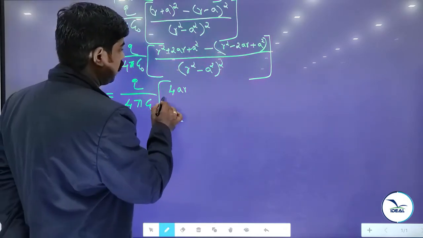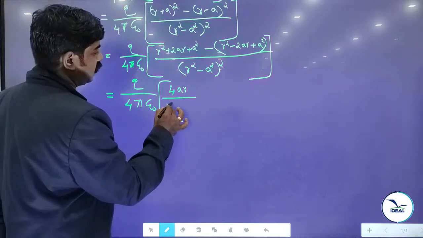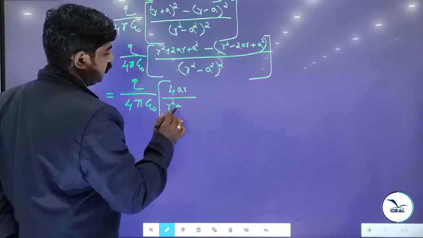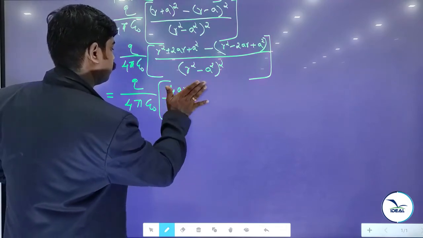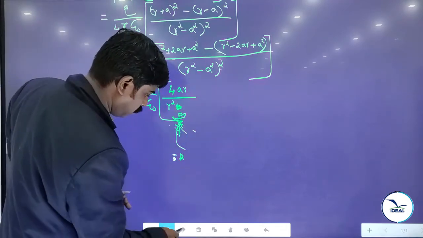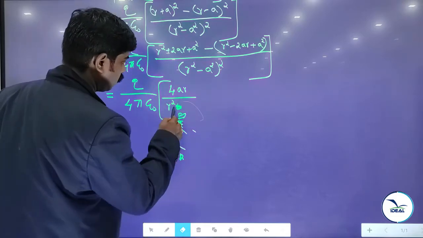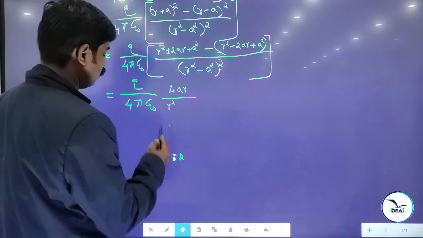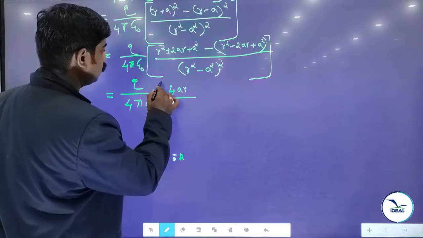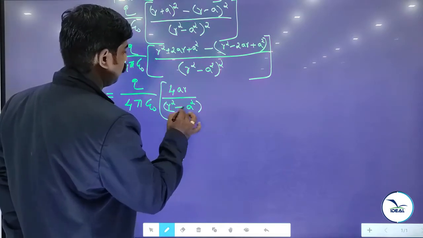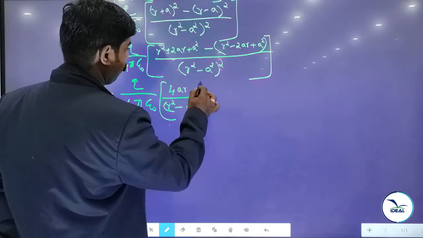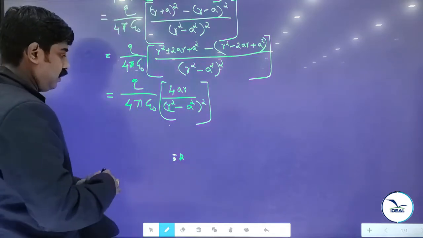Then it is 4ar divided by (r square minus a square) whole square.